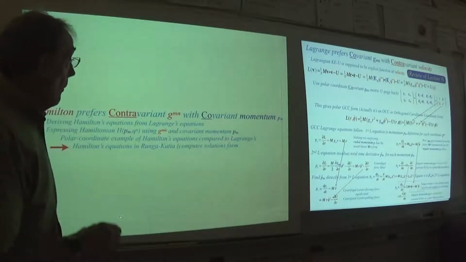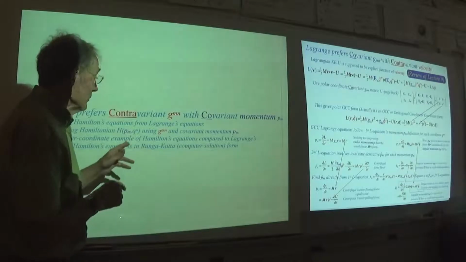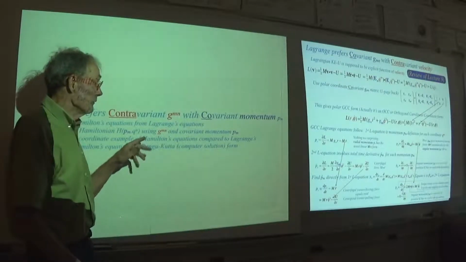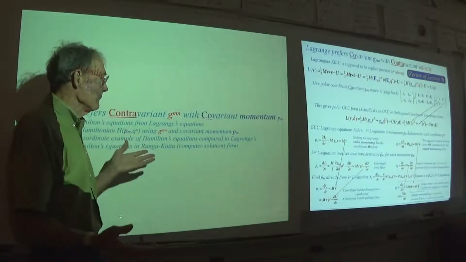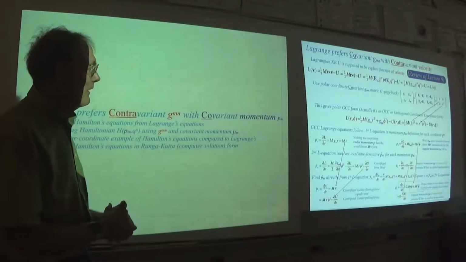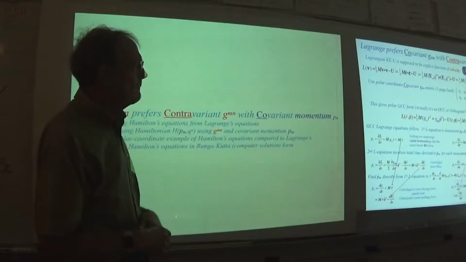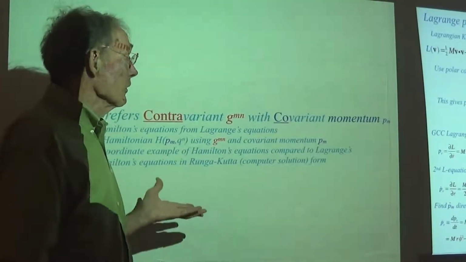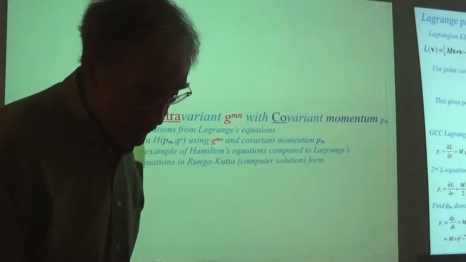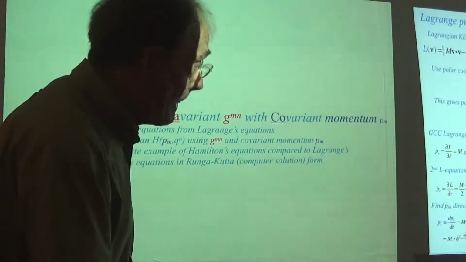Now, what are the advantages for Hamiltonian, if any, for digital computer entry? Okay, most of the problems that we do in real world are not analytically solvable. We have to go to the computer. So Runge-Kutta is the workhorse for most of that sort of numerical analysis.